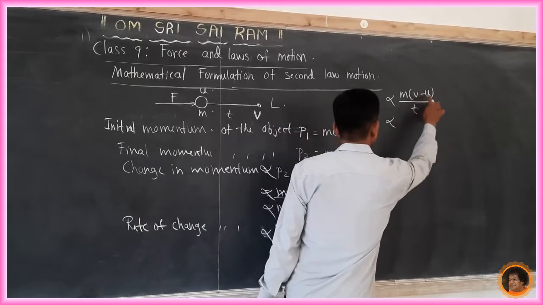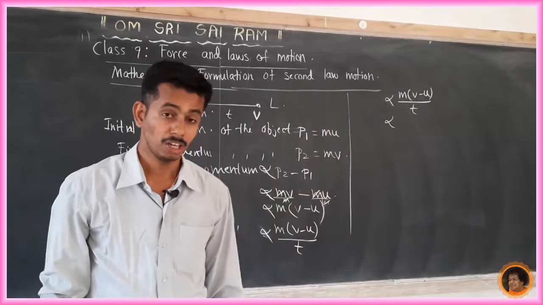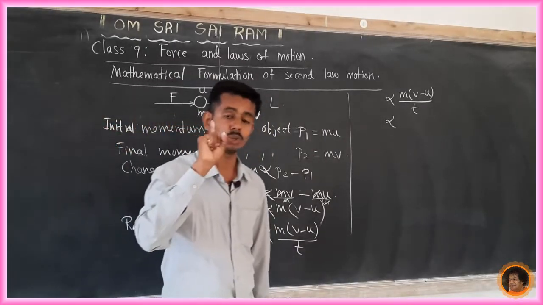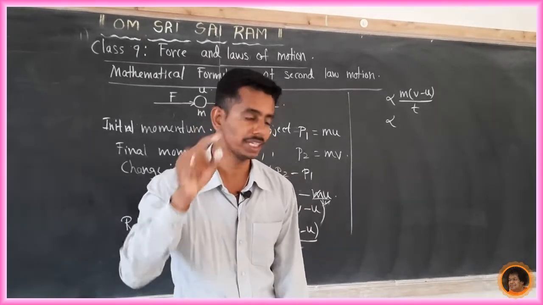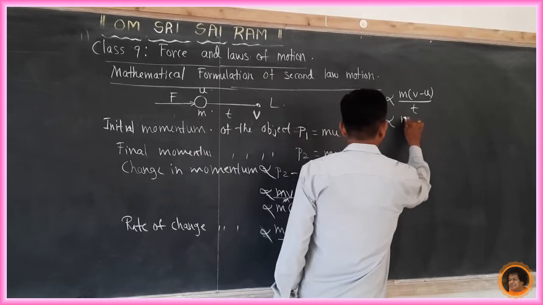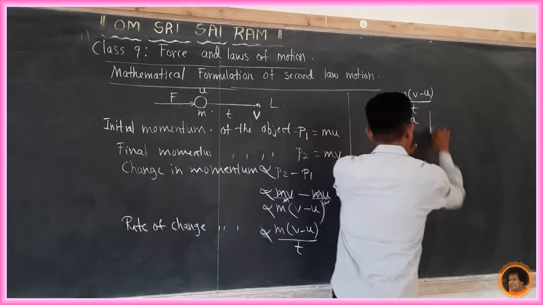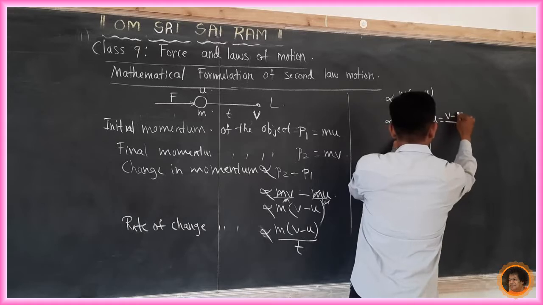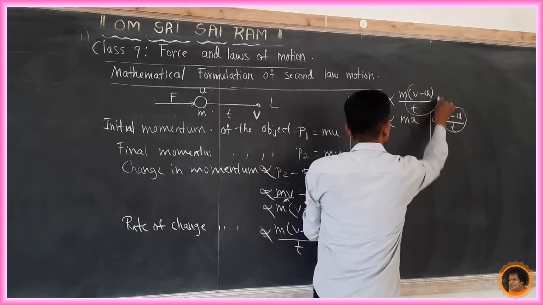Now, what is v minus u by t? We already derived one formula: v minus u by t equal to a, the acceleration. So, m into a. Why is it m into a? Because a means v minus u by t.